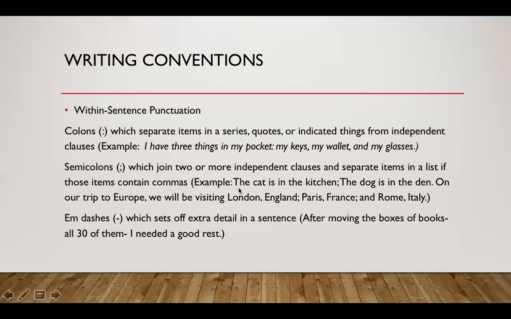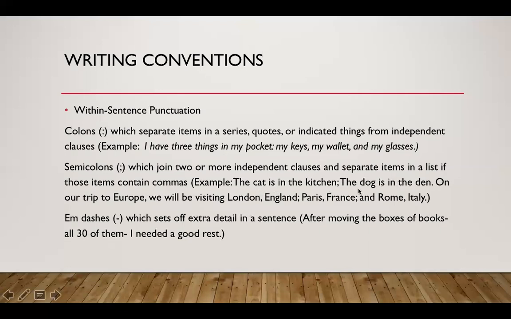So, the cat is in the kitchen; the dog is in the den. Now, remember from yesterday when we spoke, this semicolon could easily just be removed and replaced by a period, but in this case, we're using it as an example for the use of semicolons, and this is a correct sentence structure.